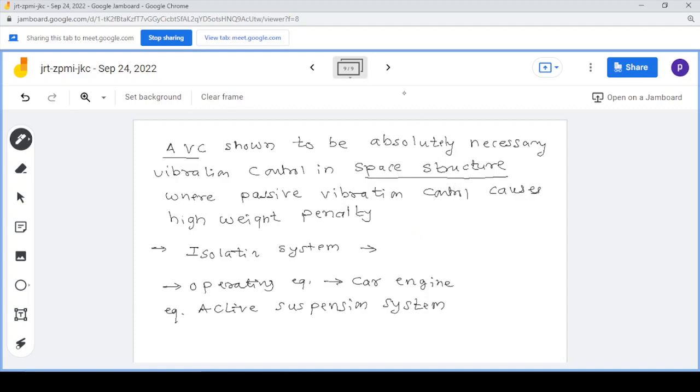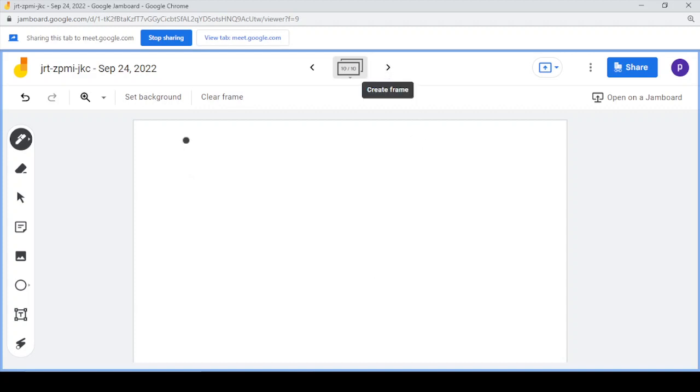It was first devised in the International Space Station, ISS, which involves a group of space structures.